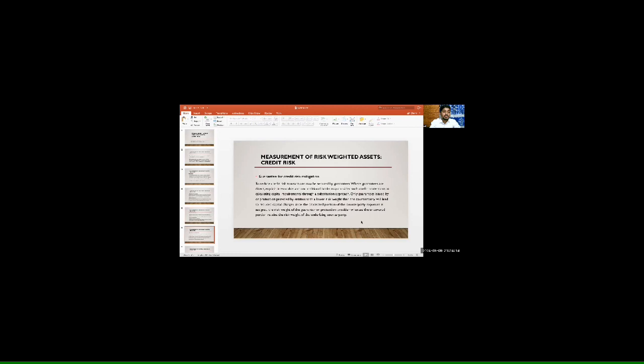It may use the net exposures of loans and deposits as the basis for its capital adequacy calculation.